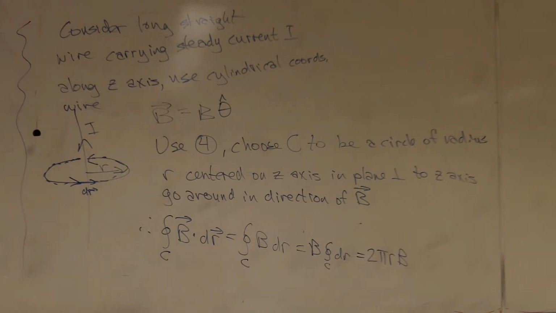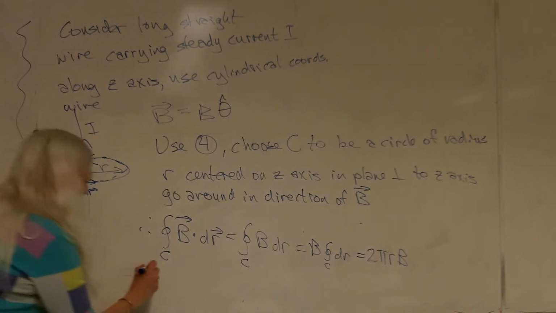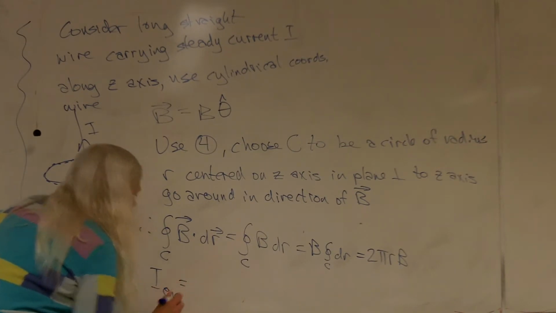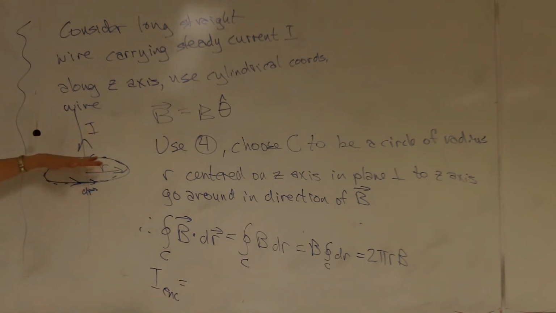So that's the integral on the left side of the Ampere-Maxwell law. The right side: the enclosed current is the current that pierces the surface. Think of this Amperian loop as a wire loop that you dip in soap film.